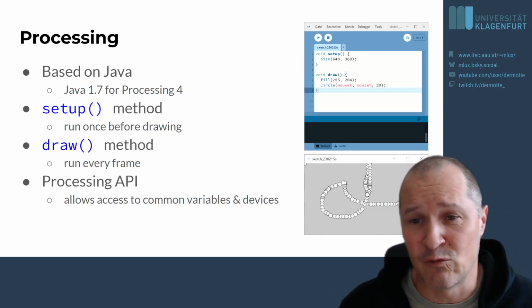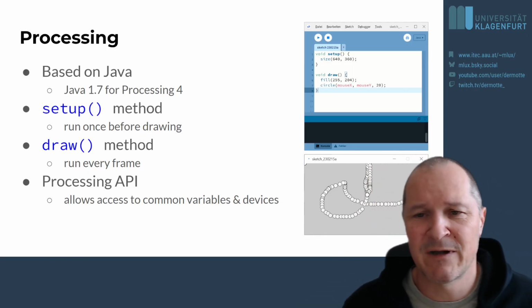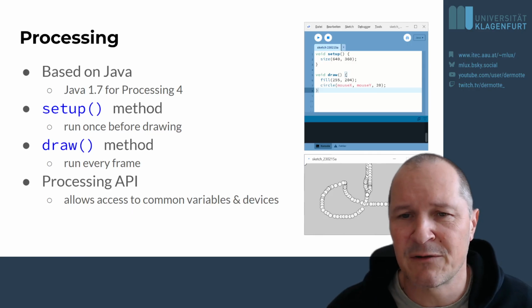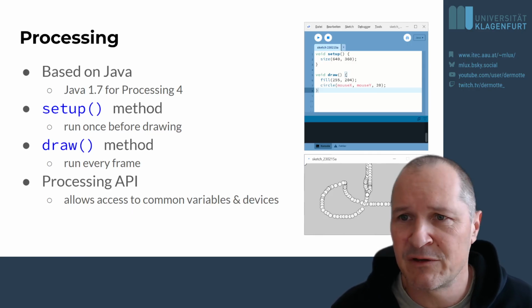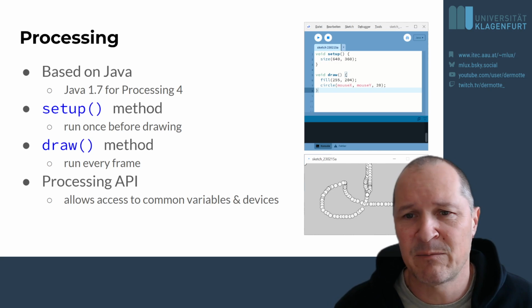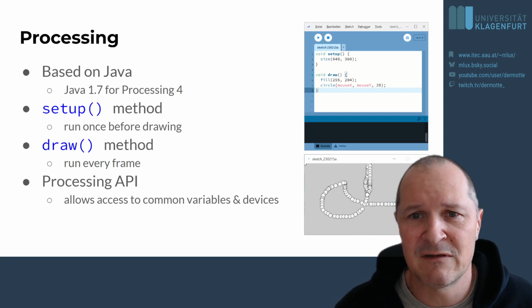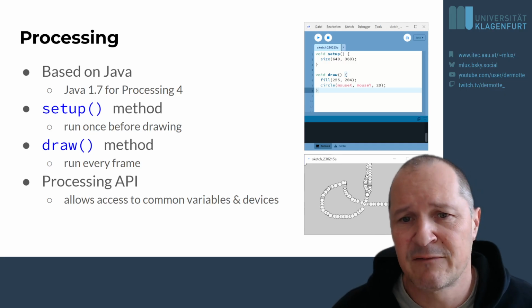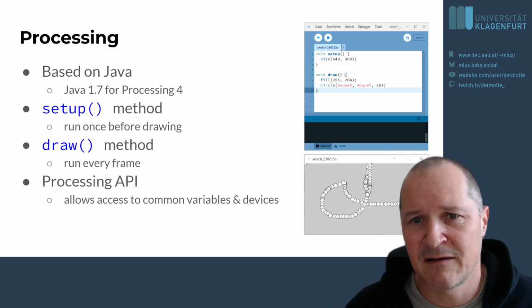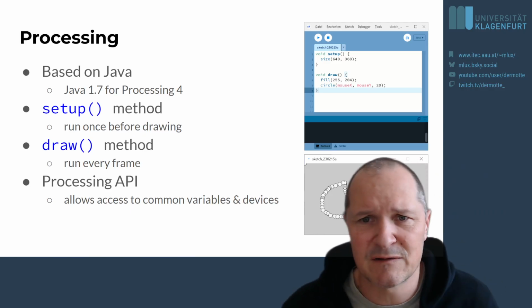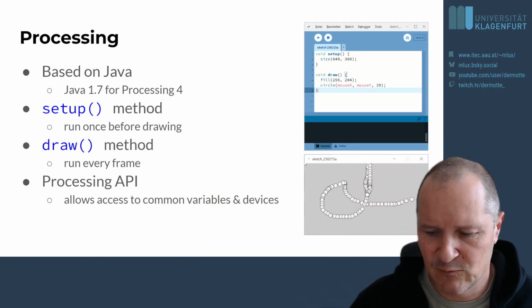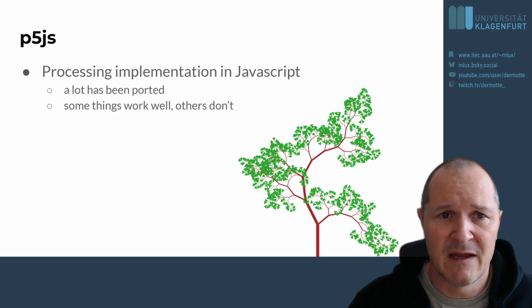And if you recall the game loop, then the draw method would be your game loop. It's called for each frame, and the setup method is run before that. So what you need is to give the size of the window you want to paint in, and then do some painting. For instance, draw a circle where your mouse is. That would be the example right here.